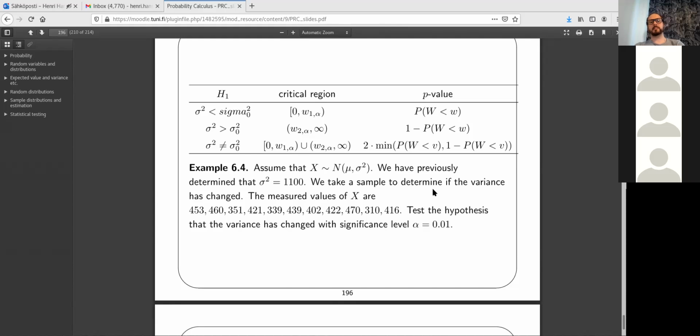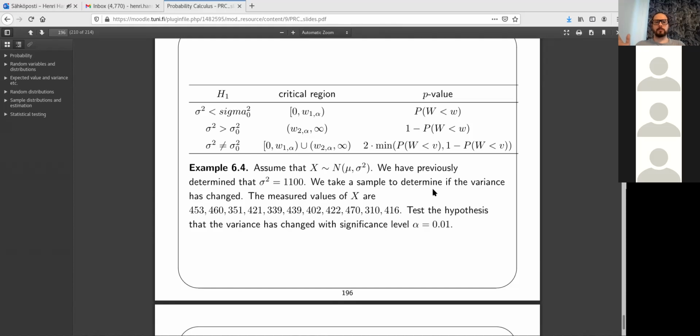The null hypothesis is always that this sigma squared is in fact what it was hypothesized to be, and if the alternative hypothesis that we test for is whether the variance has grown smaller, the critical region consists of the small values of our test variable. So if it falls into this small value region, then we conclude that yes, in fact, it is small.